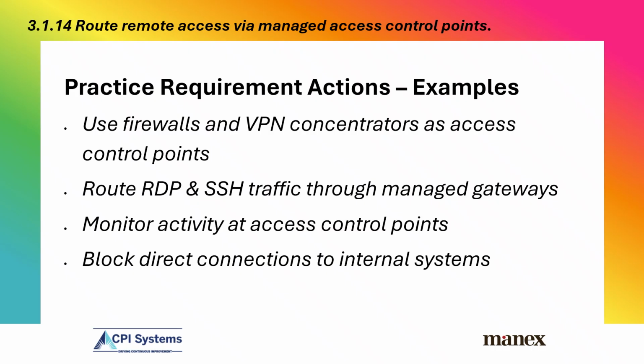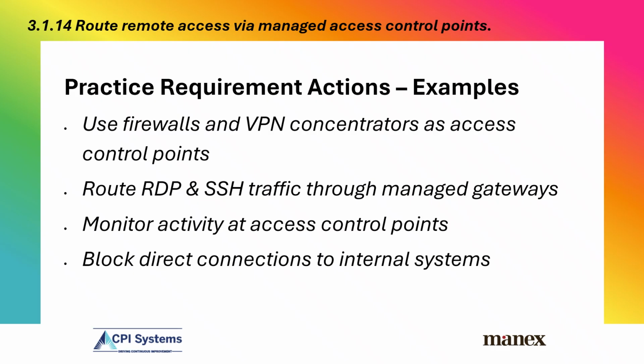Let's look at example actions to route remote access by way of managed access control points. This one gets a bit more technical. Use firewalls and VPN, or virtual private network, concentrators as access control points.